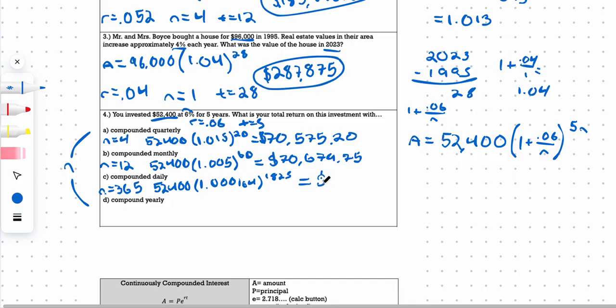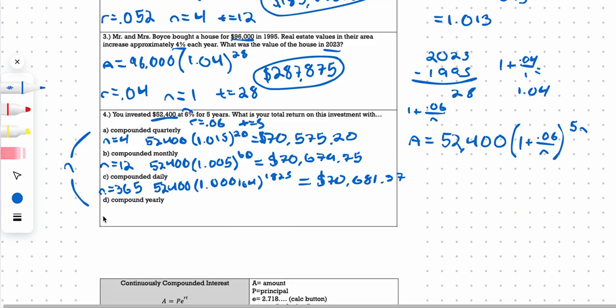And we end up getting 70,681.37. So again, super close to when we compound monthly, but it's important to be as precise as possible. That's why I wanted to do a couple of those digits.